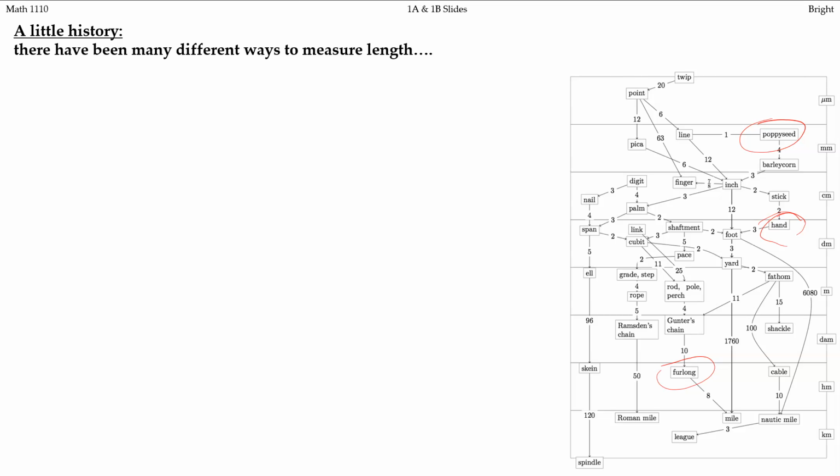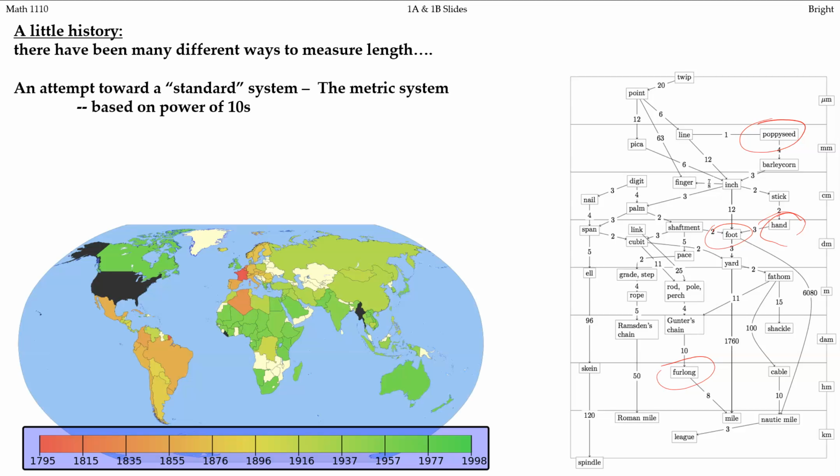And so those are all different ways to measure length, and they can be variable, especially like hands, but in feet we have kind of a standard measurement of a foot, knowing that that's 12 inches. But throughout history, we wanted to create sort of a standard system, and the metric system came into play to do just that.